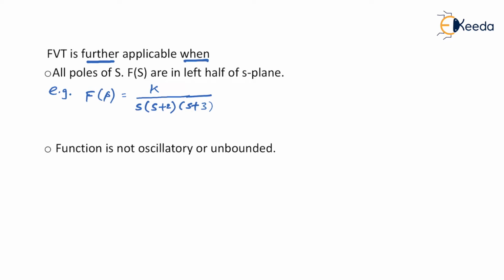So I have to check poles of not F(s) but s times F(s). So let us multiply F(s) with s, then this is equal to k upon (s plus 2)(s plus 3). So this s gets cancelled when you multiply s with F(s).